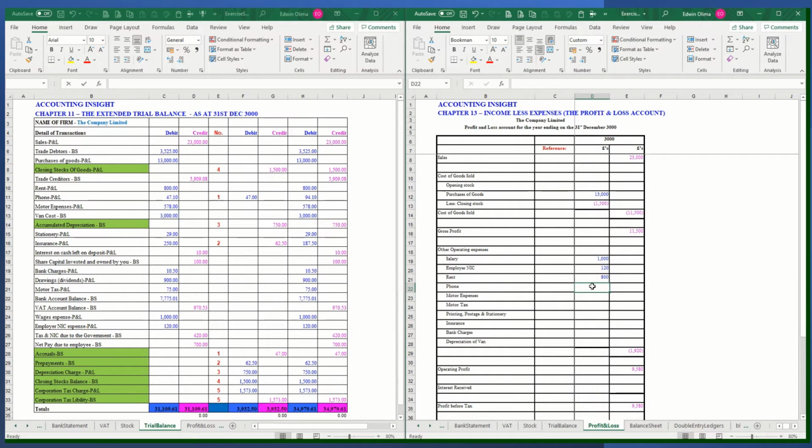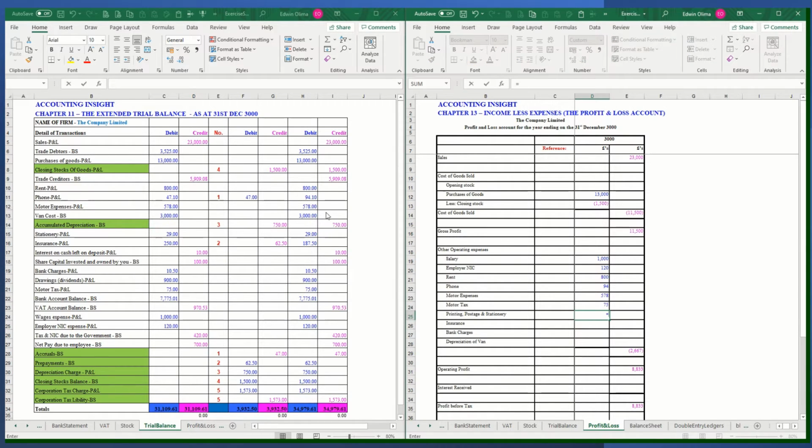And the next one was phone. We got our phone bill there, plus our accruals, £94. And we got motor expenses, which are there, 578. And we had motor tax, which was there, £75.